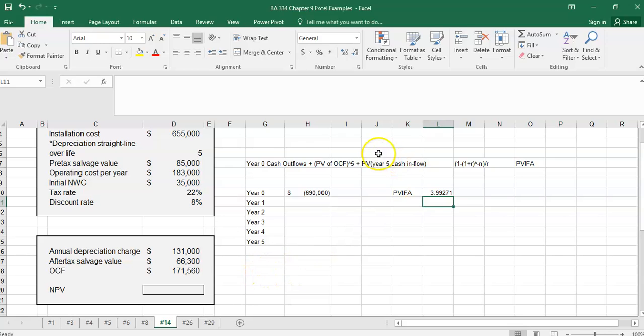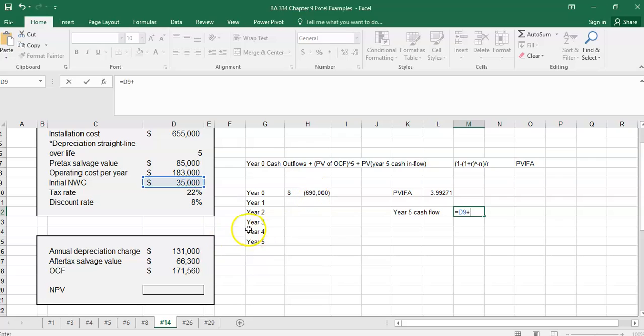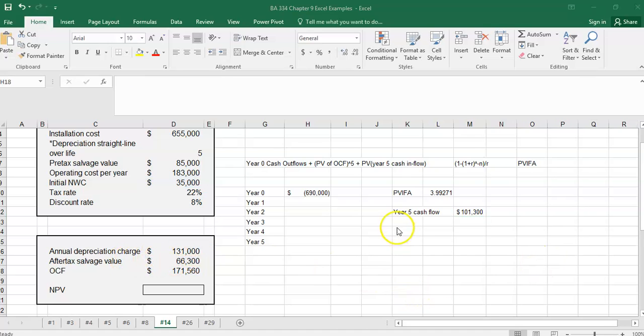So this year 5 cash flow is $35,000 from the release of net working capital plus the after-tax salvage amount we get. Okay, so we have our year 5 cash flow.